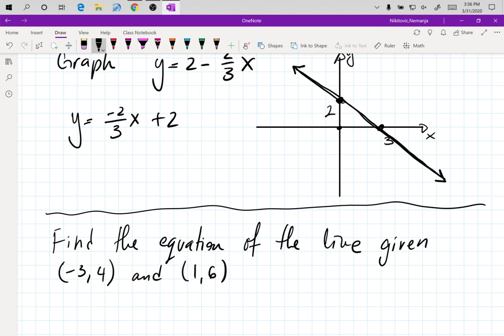It really doesn't matter what you pick. Any 2 points will always give you equation of the line, because when you put 2 points in space, you can just draw a straight line between them.